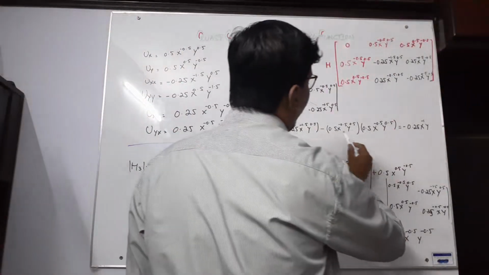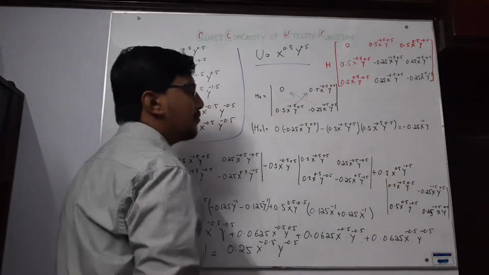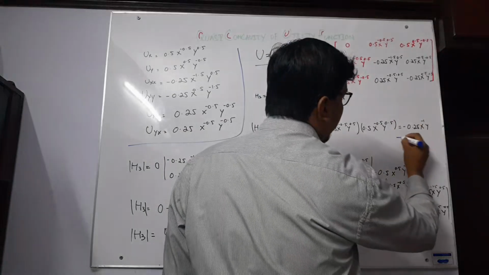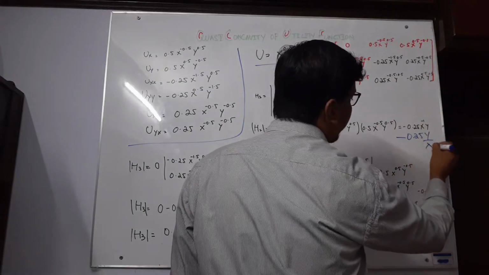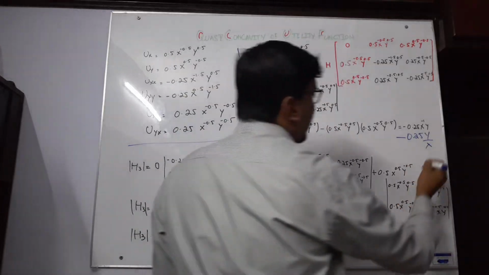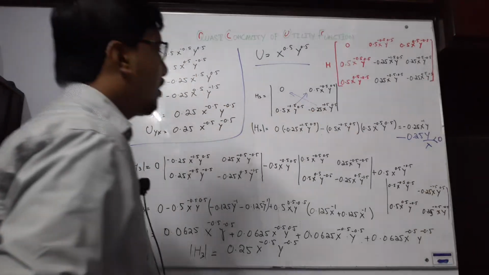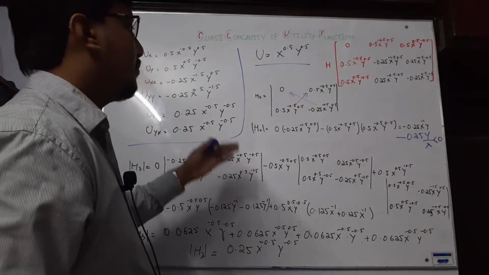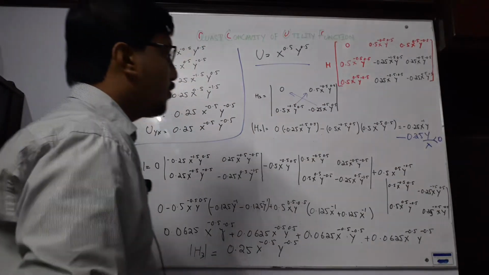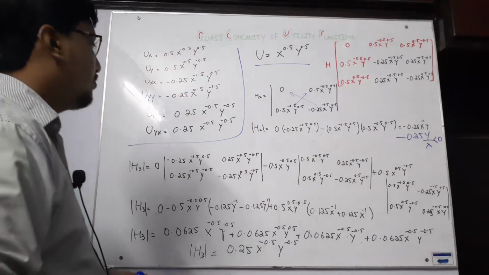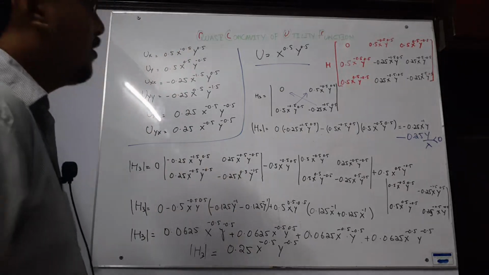The answer is minus 0.25 x power minus 1. We can also write this as minus 0.25 y over x. So this is categorically less than 0. We are following the pattern up till now, and h2 is less than 0. Now we are going to check that h3 should be greater than 0.